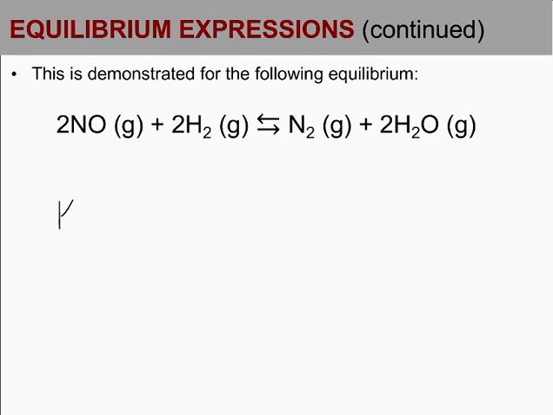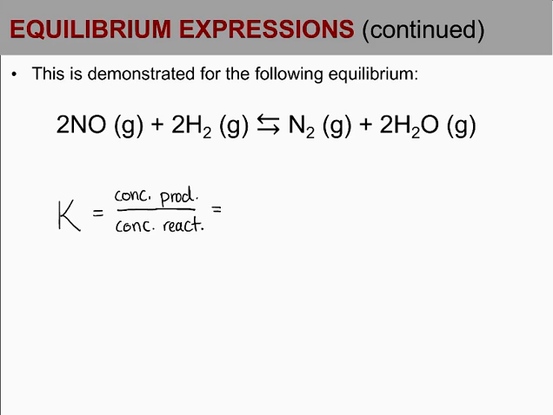Again, remember this equilibrium constant K is equal to the concentration of products over the concentration of reactants, and we also want to raise those to the coefficient as a power.